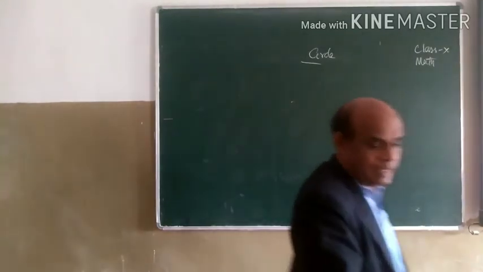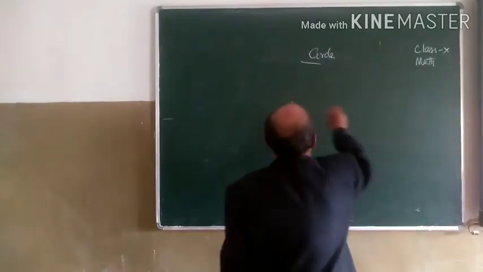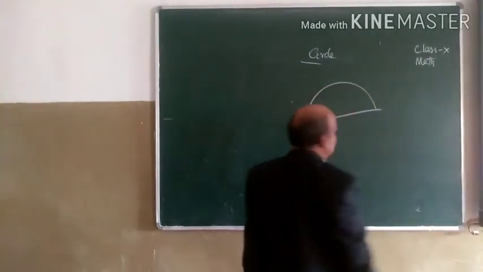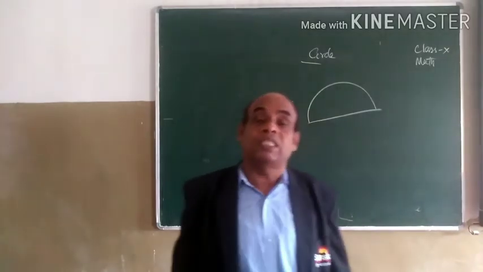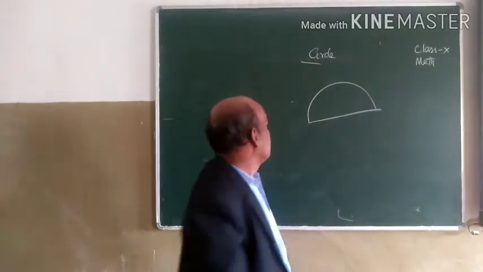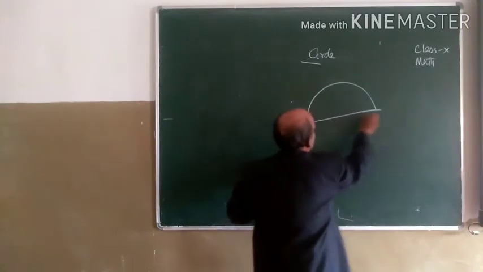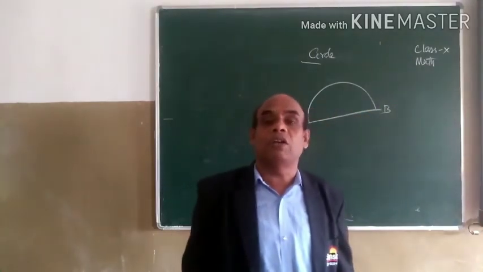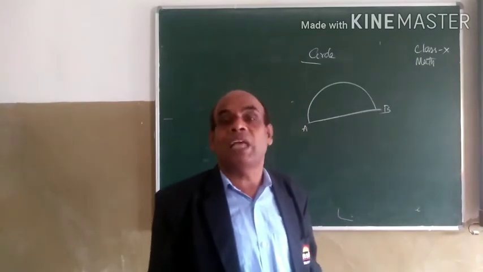Suppose the question is like this. A semicircle is there. Semicircle means AB is called the diameter, and a semicircle means half of the circle.